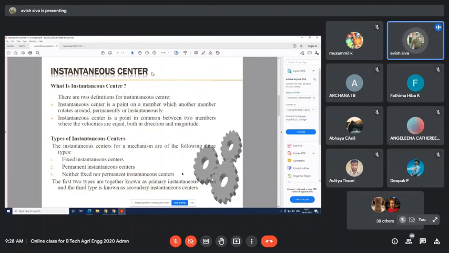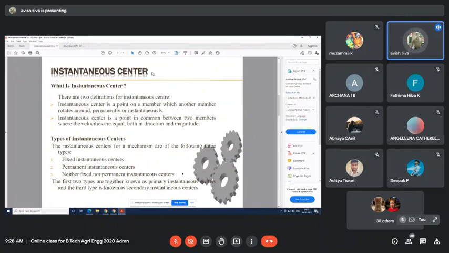So first, to go through the definition: what is instantaneous center? It is just a point on a member which another member rotates around. All the instantaneous centers are points on a member, either on a 4-bar mechanism or slider crank mechanism or any other mechanism, around which another member rotates. And they can be of 3 different types.